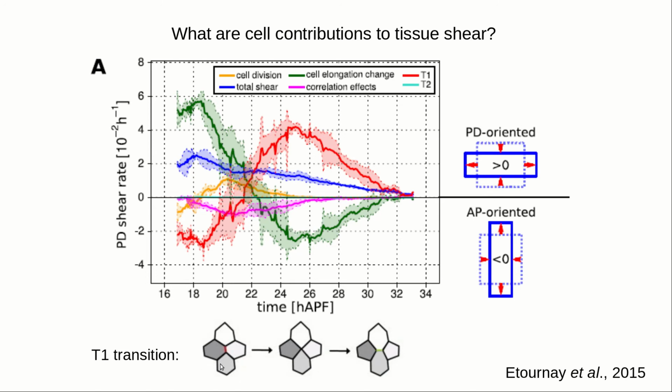So it is a passive process. However, if T1 transitions are taking place in the opposite direction of the tension, it means that there's probably some active behavior of the cells, so cells are making this transition because they want to somehow, rather than because they are under tension. So this is interesting.